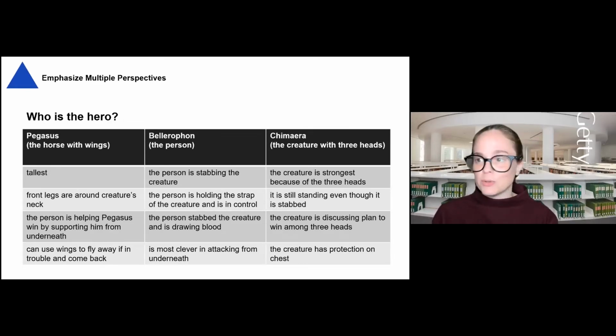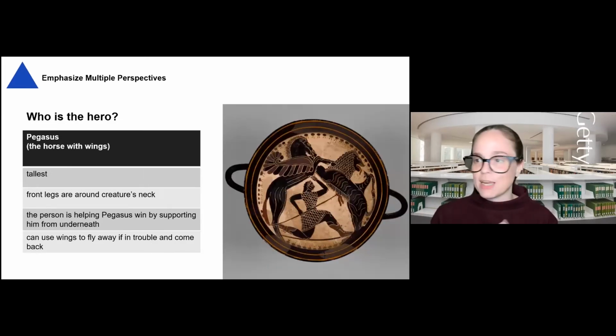So I'm going to go through some of these with you, with the work of art that might come up that I've had students bring up with me. So for Pegasus, if we mine answers from the group on why Pegasus might be the hero, we can list out some of these possibilities that I've heard. So one is that Pegasus is the tallest out of all of them.